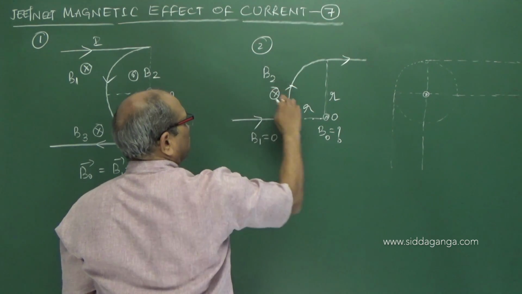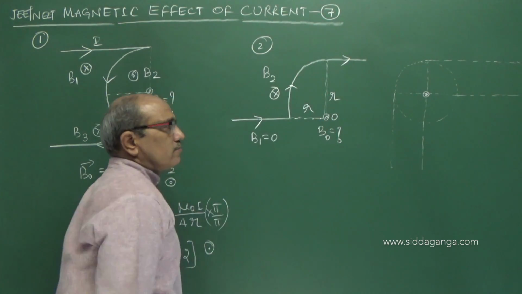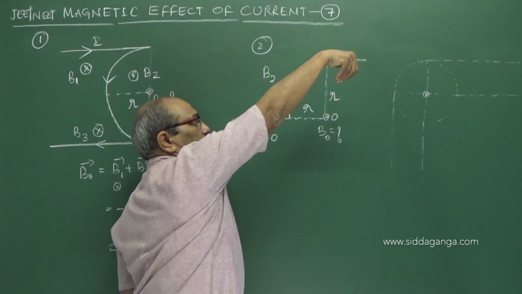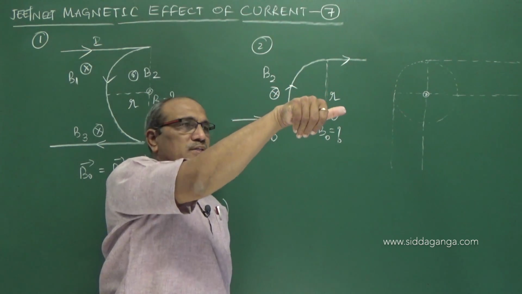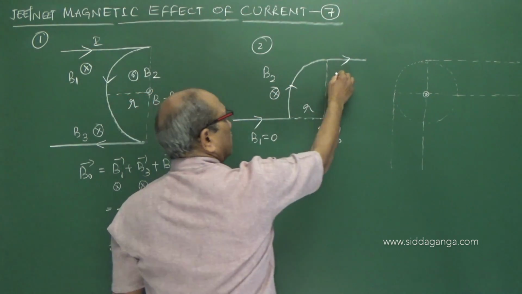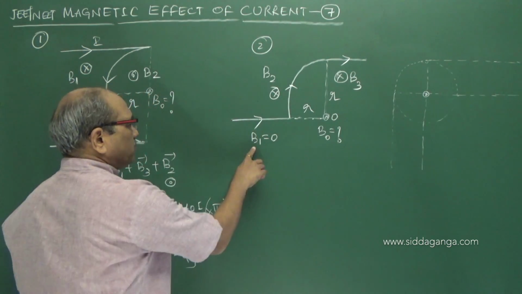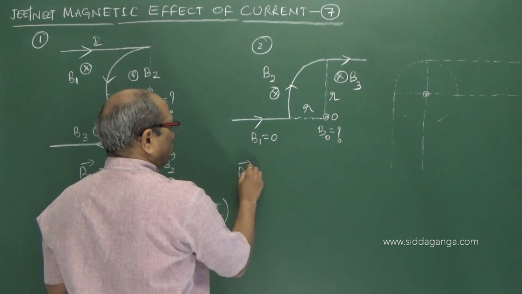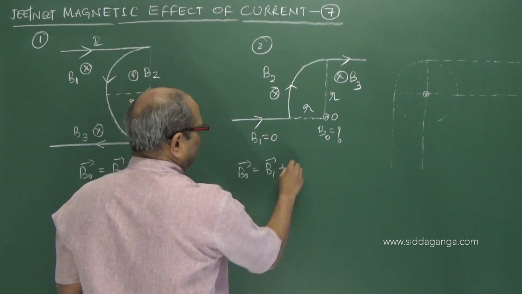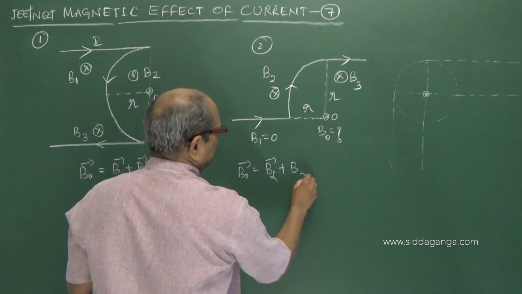B2 is into the board because current is clockwise, and again if you see this as per the right hand clasp rule, B3 also produces the field into the board. As B1 is 0, B0 is equal to B2 plus B3 only.